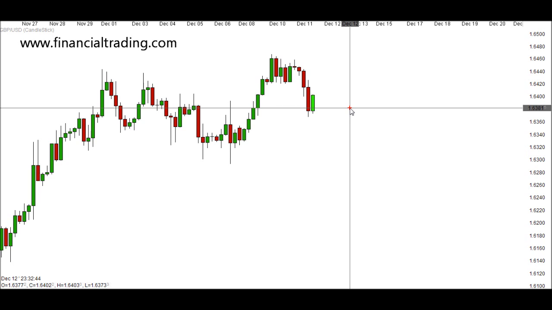Now you'll notice with each Japanese candle, there's not just a body, there are lines appearing above and below the body. The reason for this is these lines give us a footprint of where price was during the duration of a candle.